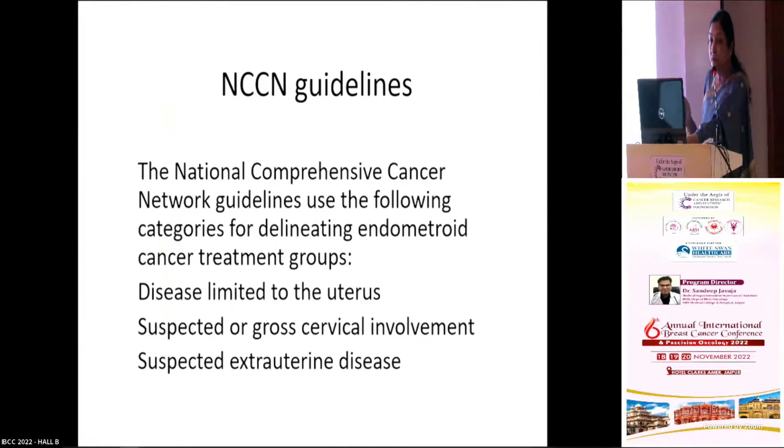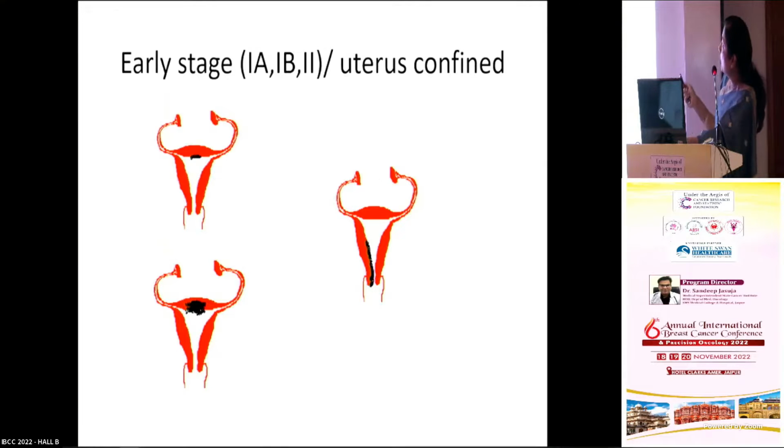Now, for the purpose of management, NCCN uses the following categories for delineating endometrioid cancer treatment groups. These are disease limited to the uterus, suspected or gross cervical involvement, and suspected extrauterine disease. So if you talk about uterus confined disease, this includes stage 1A, stage 1B, and stage 2.